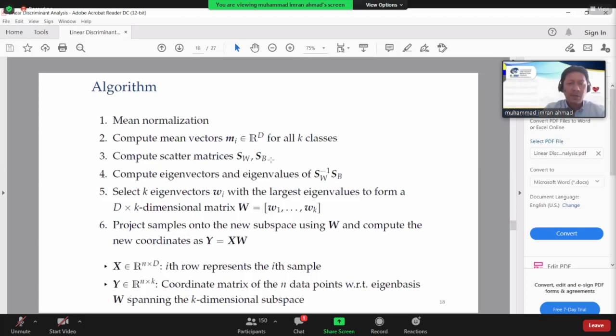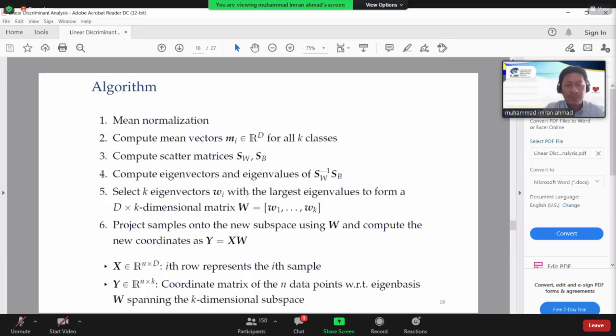You need to manually compute the within-class scatter matrix and the between-class scatter matrix, based on the formula that I shared just now. When you know these two values, you can calculate the eigenvector and eigenvalue of S_W inverse S_B. After you know the eigenvalue and eigenvector, you can put them in an array like this, and then sort them based on the largest eigenvalue.